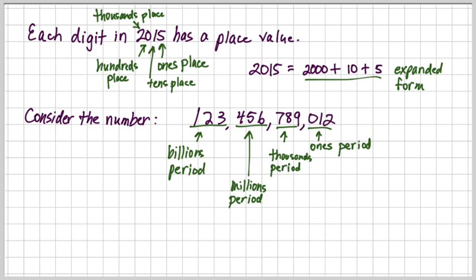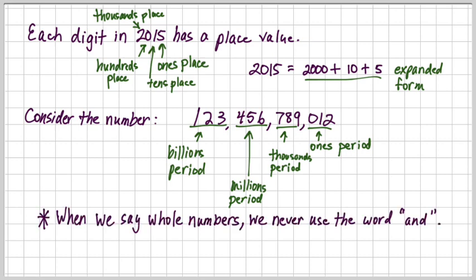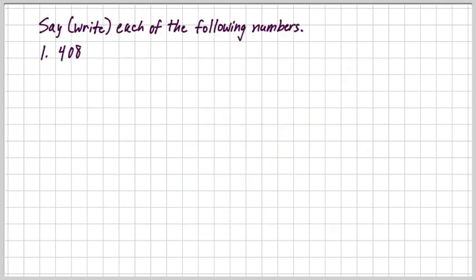Notice, again, we start with the billion, so it's 123 billion, and then we pause for the comma, 456,789,012. Notice we do not use the word and when we say whole numbers. Just a reminder.